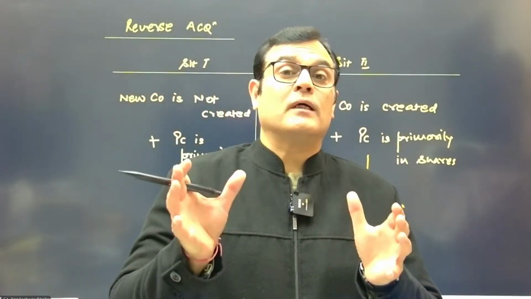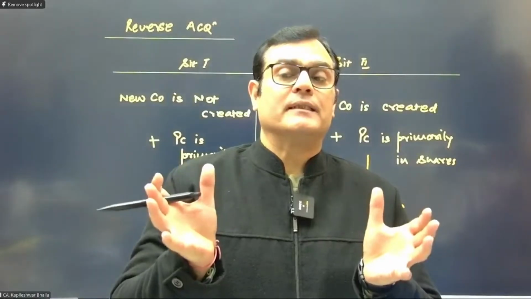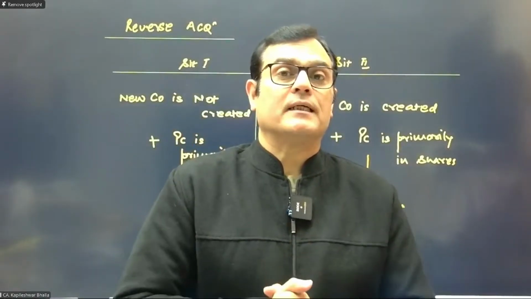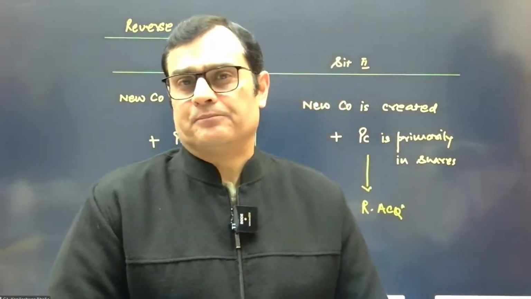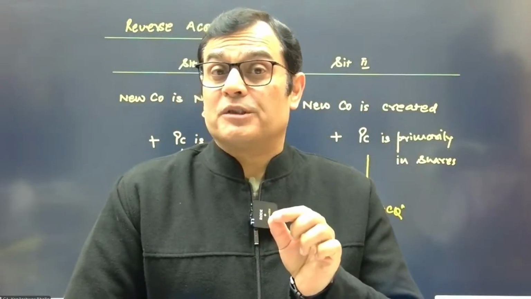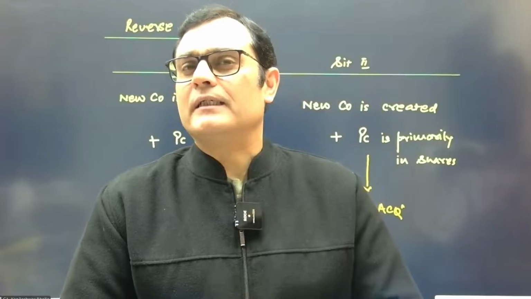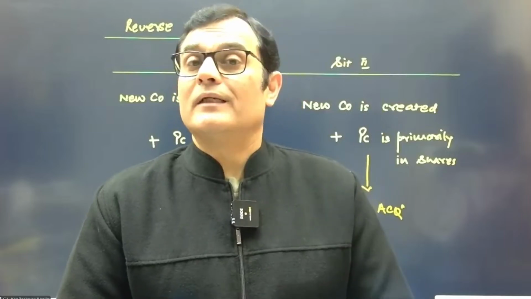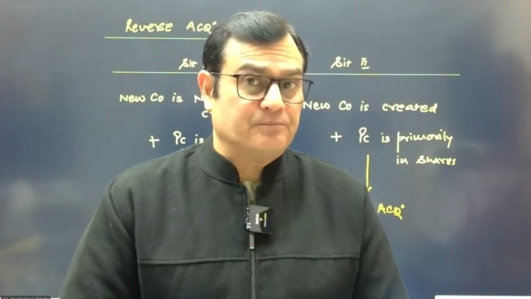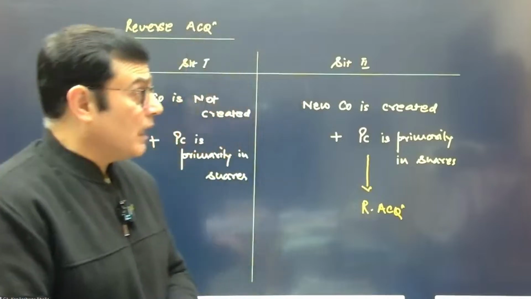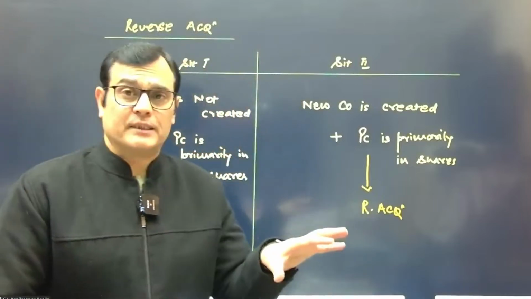As we saw, A and B are the two existing companies and C is created. C will give shares to the shareholders of A and B, so one of the two existing companies certainly will get a majority of shares in the new company, which means this is undoubtedly going to be a reverse acquisition.